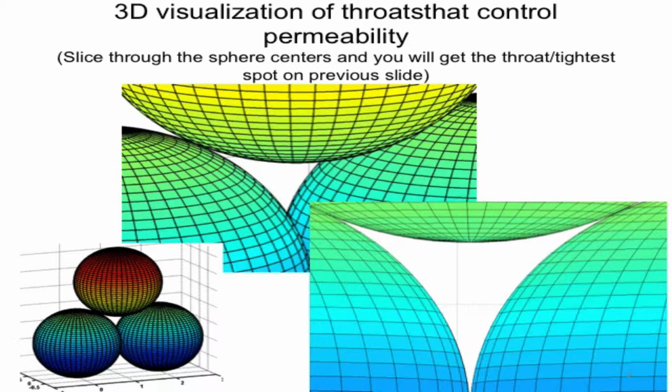So if I take just three spheres that are nearby, if you zoom in, you actually see a converging and then diverging cross section as I go through. So this is a three-dimensional medium, but if I take a plane through the sphere centers here, that's where my tightest spot is.